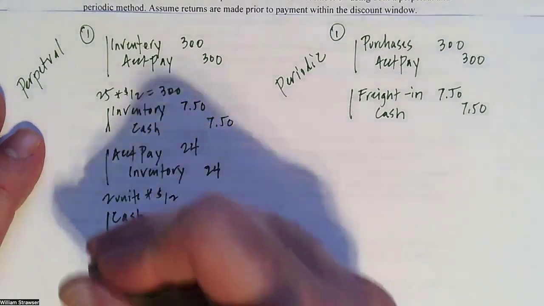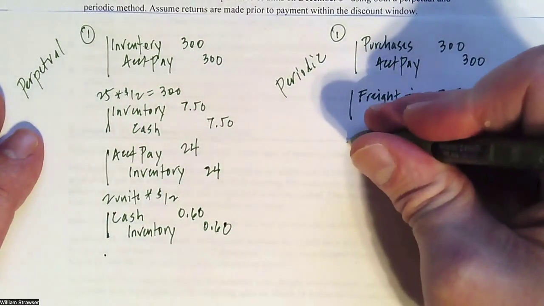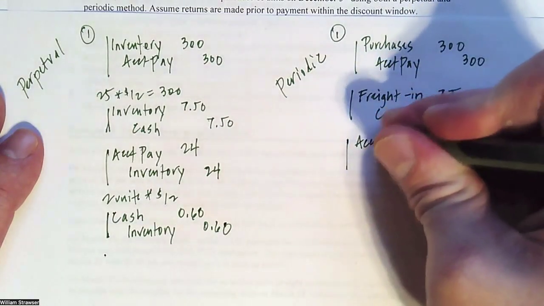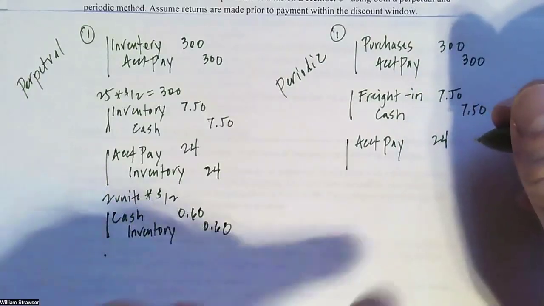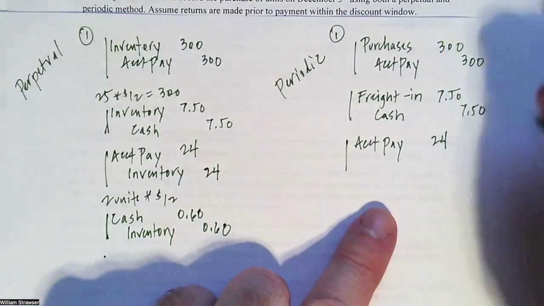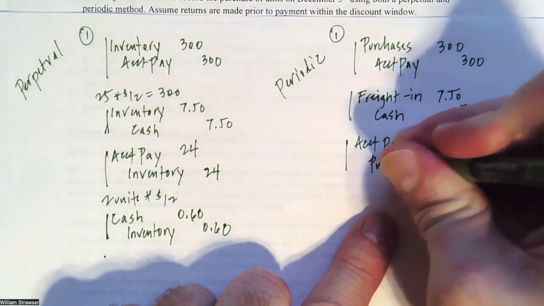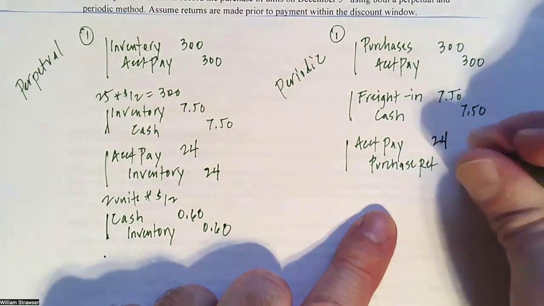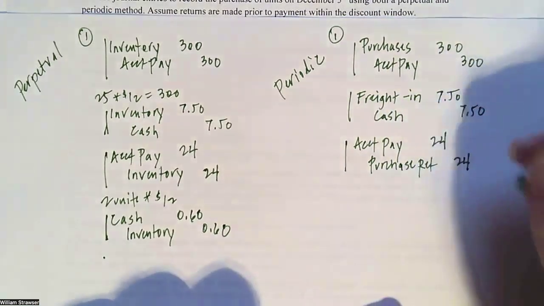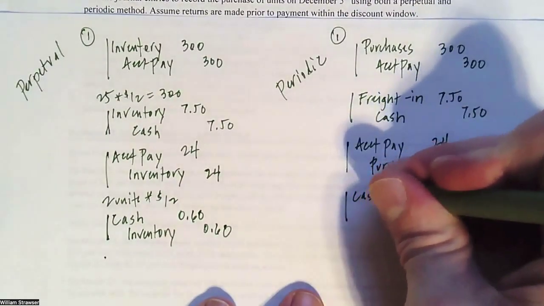The final piece then is, oh, sorry, over here on the periodic side, of course, it's still a debit to accounts payable for the same amount, right? Accounts payable doesn't change between perpetual and periodic, but instead of crediting inventory, I credit purchase returns for 24. And then when I'm recording the reimbursement of freight, it's still 60 cents of cash.